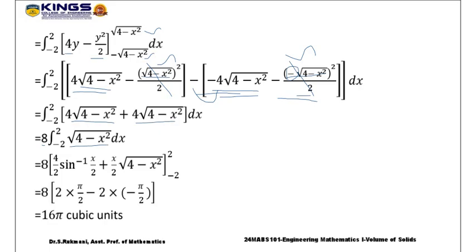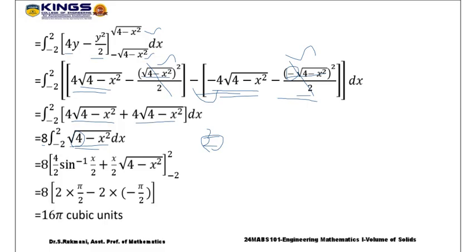So using the formula for root of a square minus x square into dx. A square means what? 4 can be written as 2 square. So instead of a here, 2.